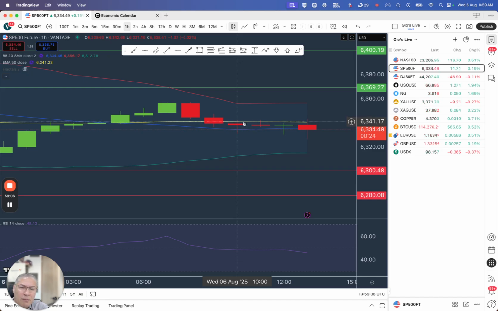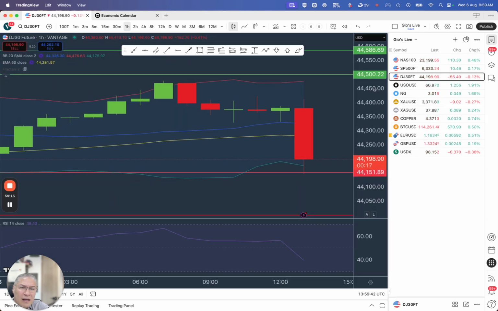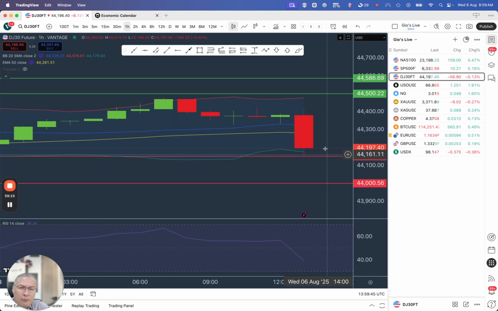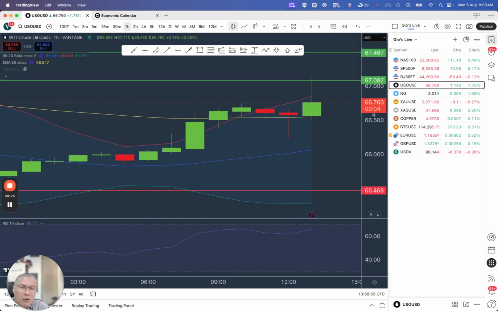The market has fluctuated and rebounded off of it, because it acts as a dynamic level of resistance. Take a look at the Dow. Wider swing, wider range, but it bounced off our level of support. So now we have a range, 44,100.